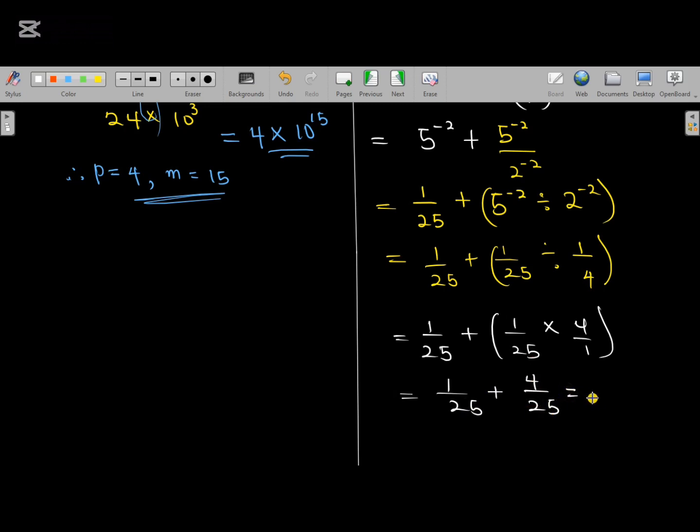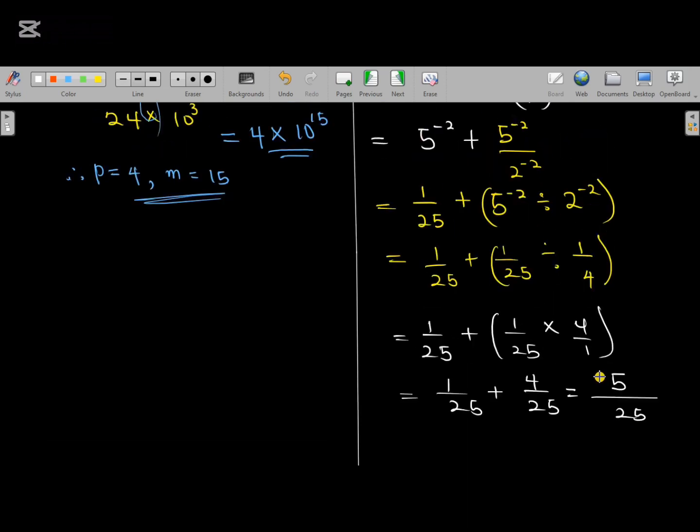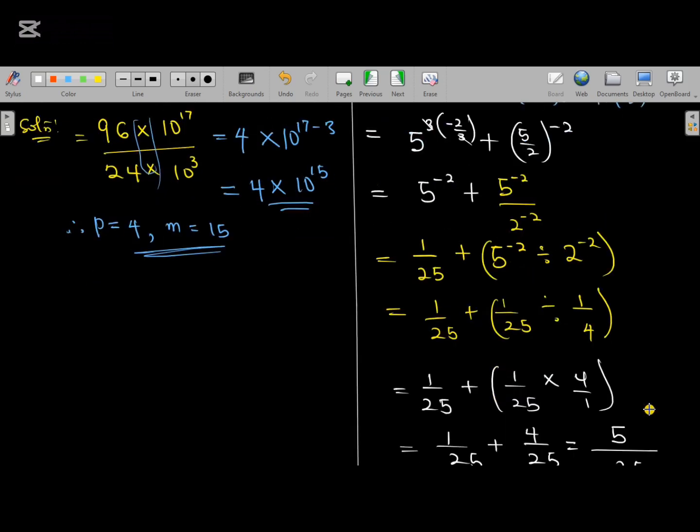And since the denominators are the same, you will just add the numerators. So you have 5, which is 1 plus 4, all over 25. And that's not a good place to stop, because you can reduce that into a smaller form that will give you 1 all over 5 as the solution of that big looking problem.